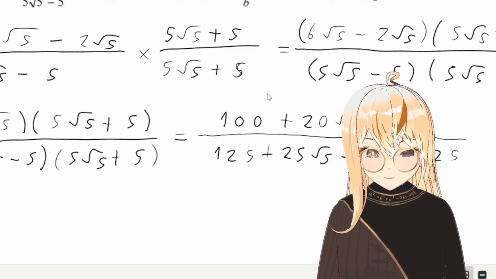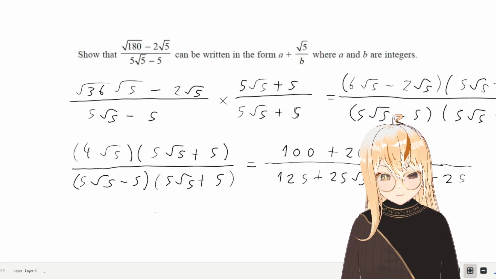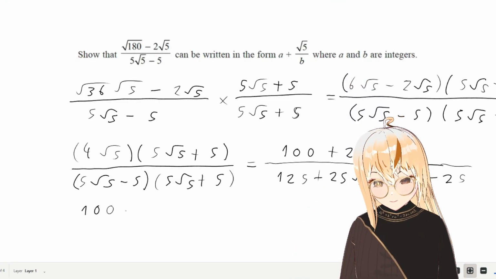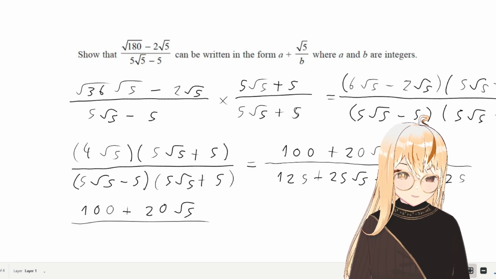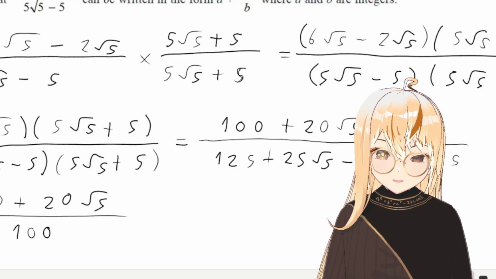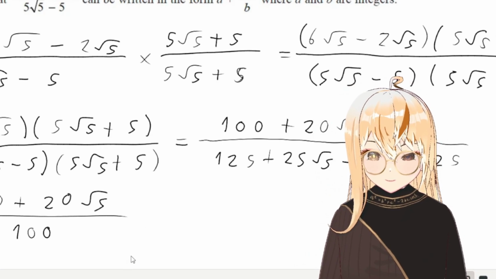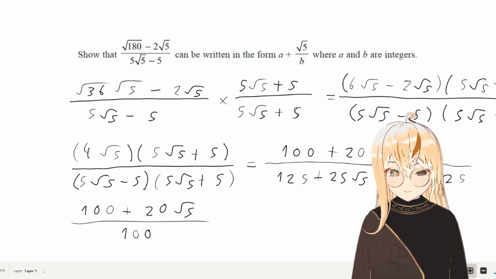Okay, now just collect the whole numbers and the surds together. So 100 plus 20 root 5 over 125 minus 25, which is 100. And here's the cringe part, because what you need to do is split the fraction.